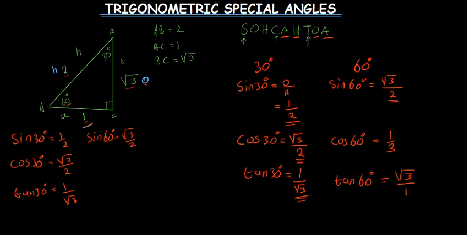Then we have cos 60 degrees, we have found that is equal to 1 over 2. Then tan 60 degrees, we have found root of 3 divided by 1, which is just root of 3 itself.